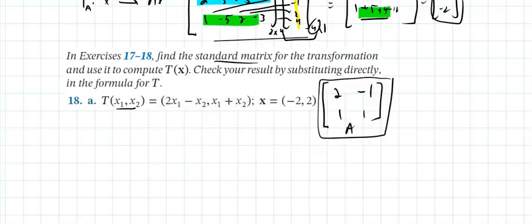So if I want to apply the transformation directly as it is, what's T of -2, 2? Well, that's simple. That is -2 minus 2 and -2 plus 2. That is -4, 0.